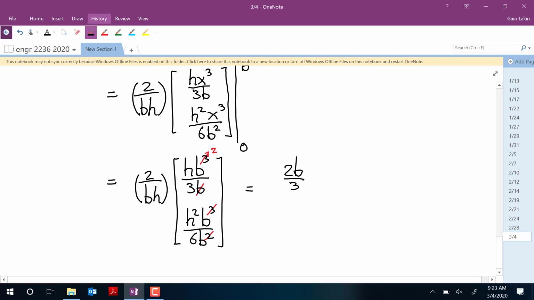You cancel the 2, I'm trying to talk while I think. The 2 h's cancel, one of the b's cancels, you get 2b over 3. And then for the second one, multiply that. The b's cancel, this b and this b cancel, one of the h's cancels, and you get 2h over 6, which is h over 3.